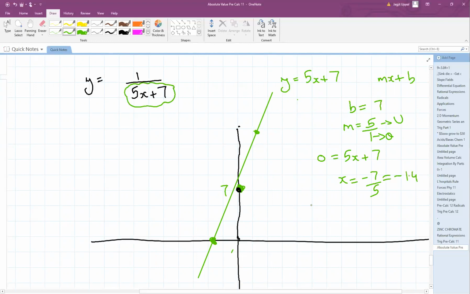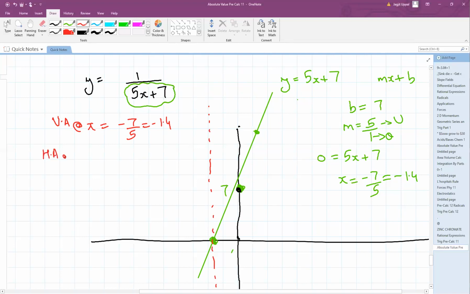Means this guy right here is going to give you your vertical asymptote. So your vertical asymptote is x equals minus 7 over 5, which is roughly minus 1.4. So at this point, you make a vertical asymptote. Your horizontal asymptote will always be at y equals 0. So at this point, you make your horizontal asymptote.